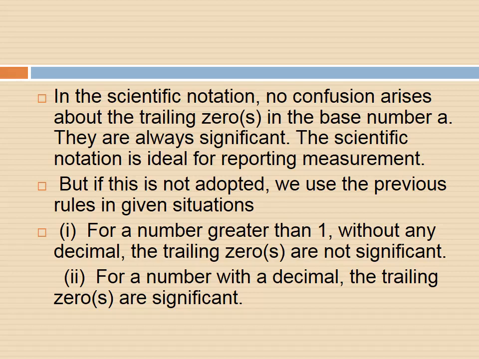But if this method is not adopted, we use the previous rules in given situations. First, for a number greater than 1 without any decimal, the trailing zero or zeros are not significant. And second, for a number with a decimal, the trailing zero or zeros are significant.